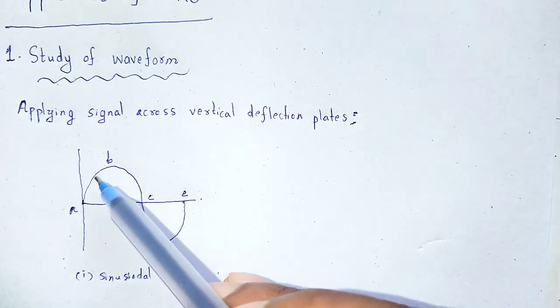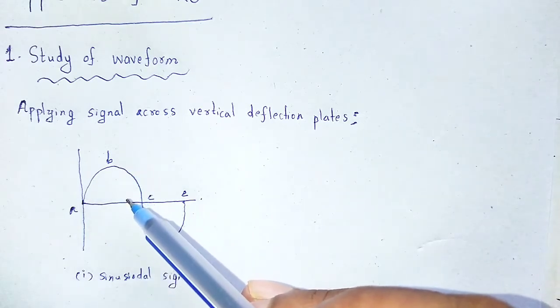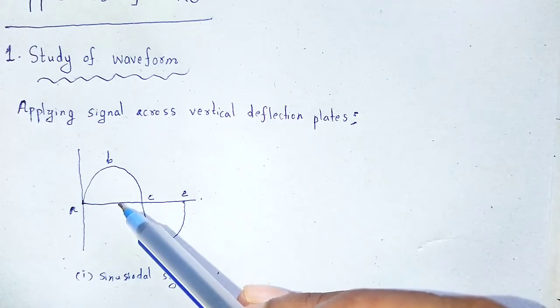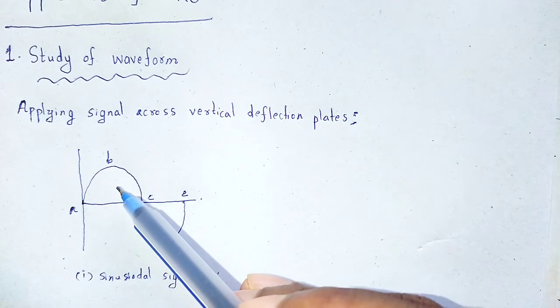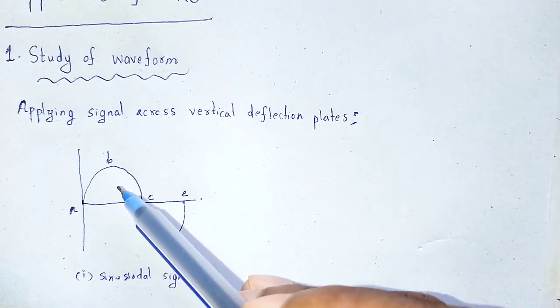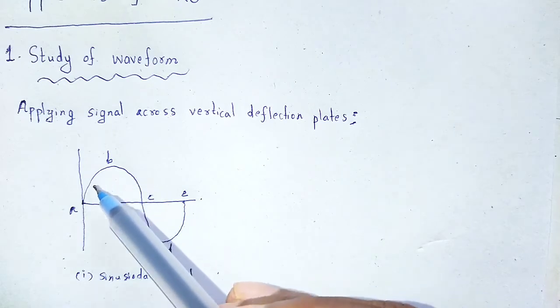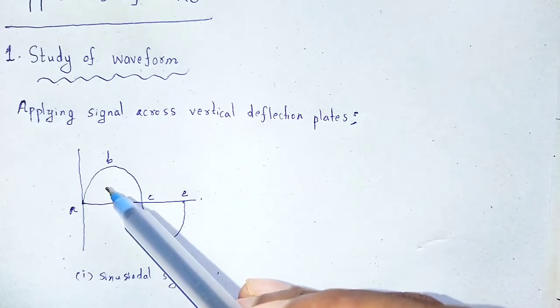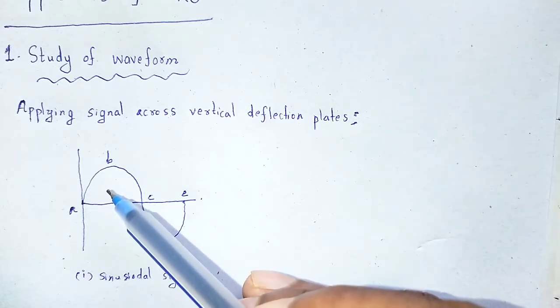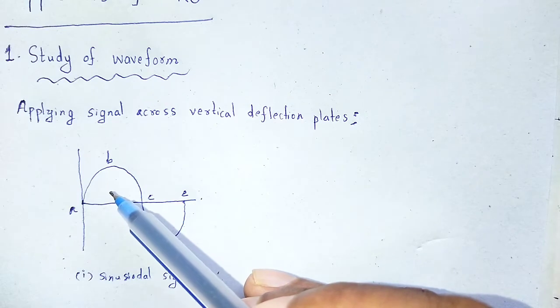The upper plate becomes positive during the positive half cycle and hence the electron beam is deflected upward. However, the positive potential on the upper plate increases from 0 to a maximum value and then comes to 0.